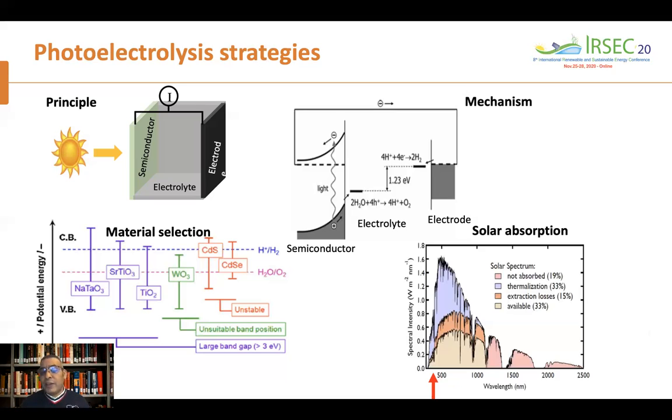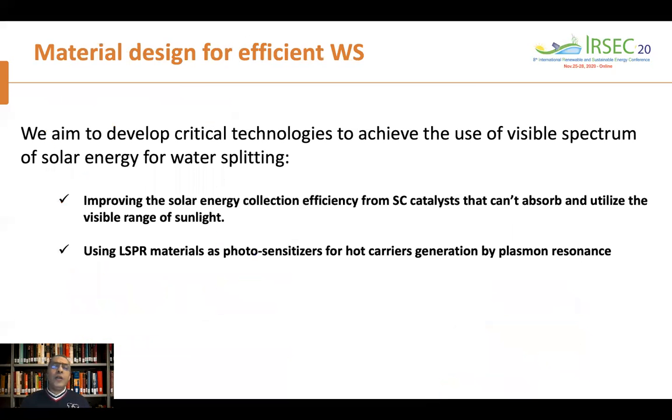Or, for example, here we have some that is not absorbed, we have some extraction losses due to just the geometry of the materials. So this is why we have to think about developing critical technologies to use the visible spectrum of solar energy to achieve efficient water splitting and hydrogen production.